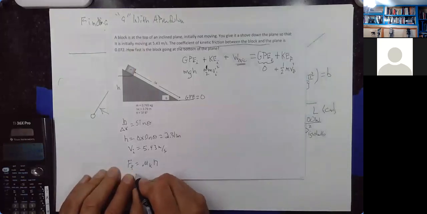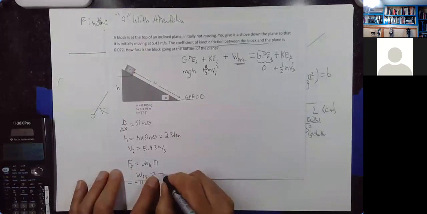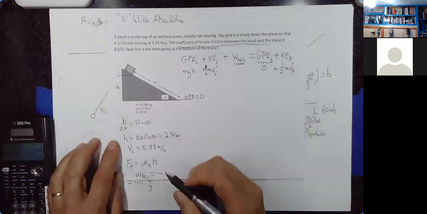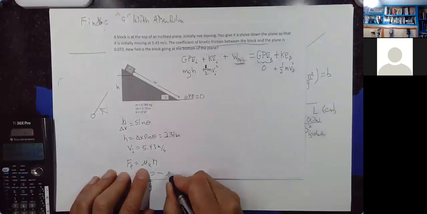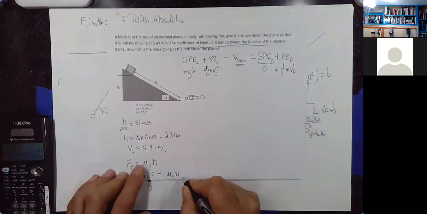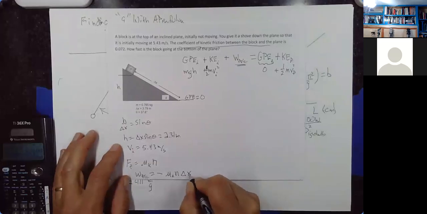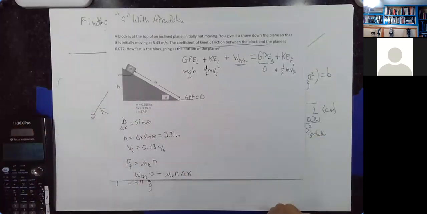And the work that's done by friction is going to have a minus sign because the frictional force is up the plane and the displacement is down, but it's going to equal that frictional force, mu sub k times n times delta x. And I know delta x, I'm given that. The only thing I don't know is the normal force.